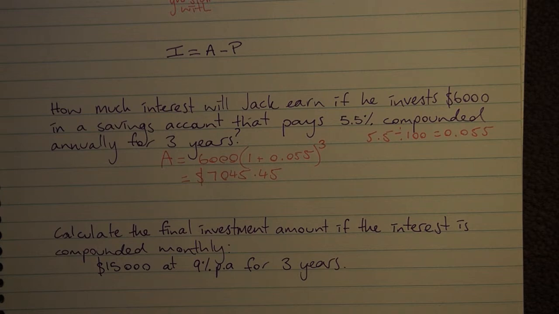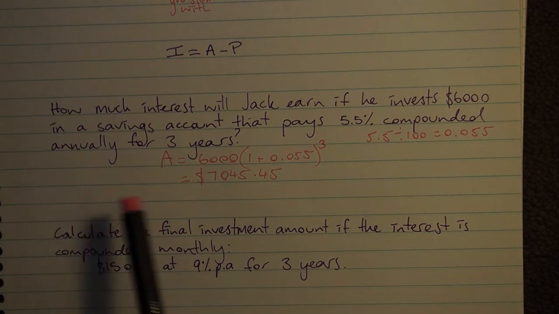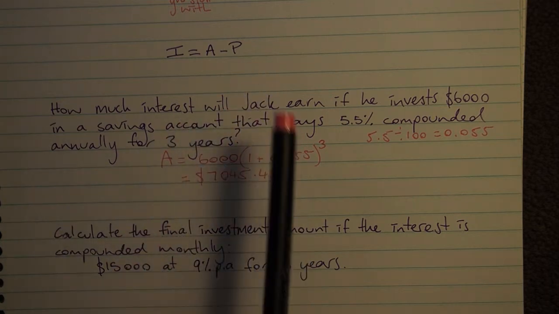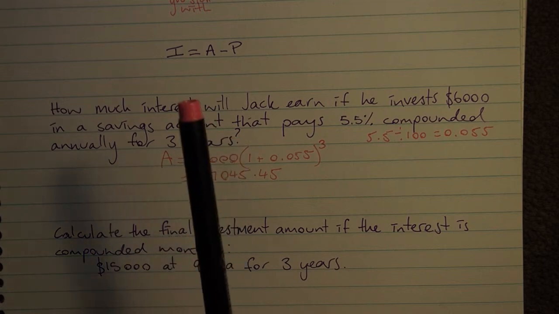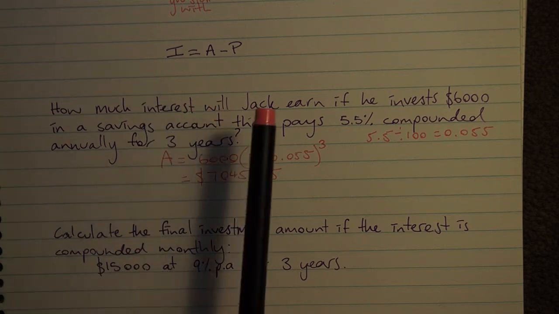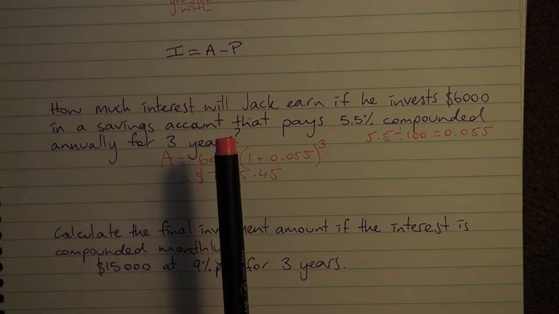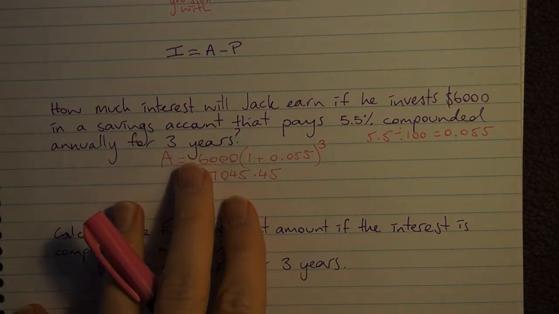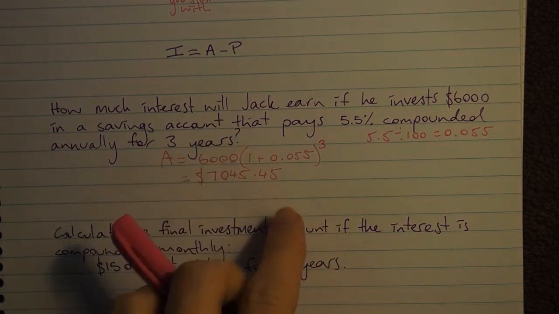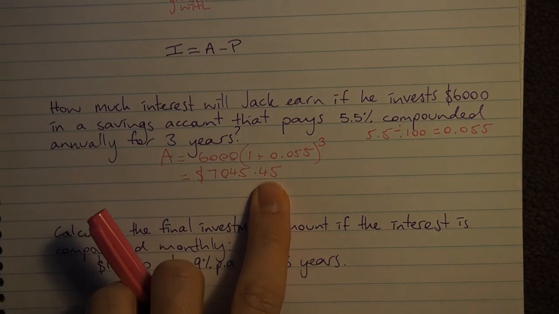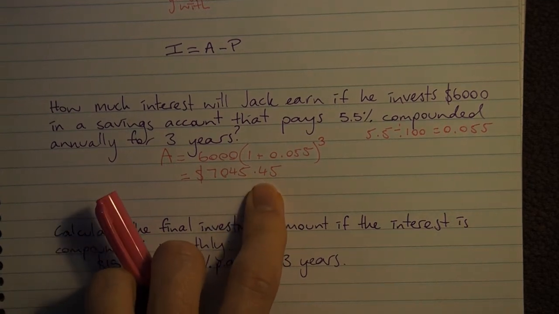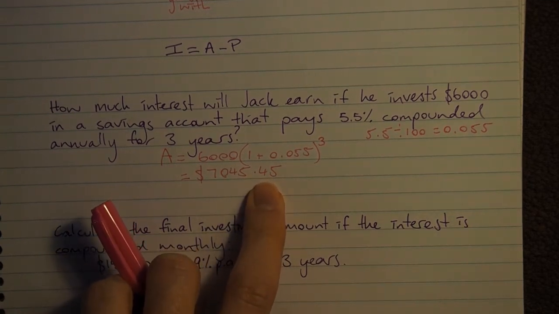If it was, everyone would be investing $6,000. Just on another note, when we are working with money, if we are not given a specific unit to round to, we always round to 2 decimal places, because of course that is the nearest cent and that is how we use money.